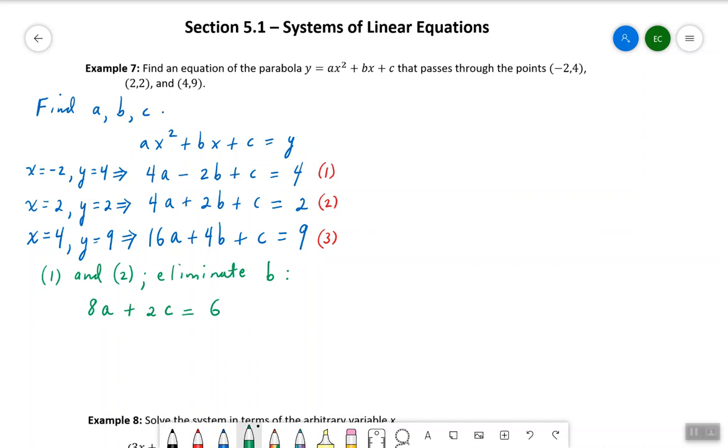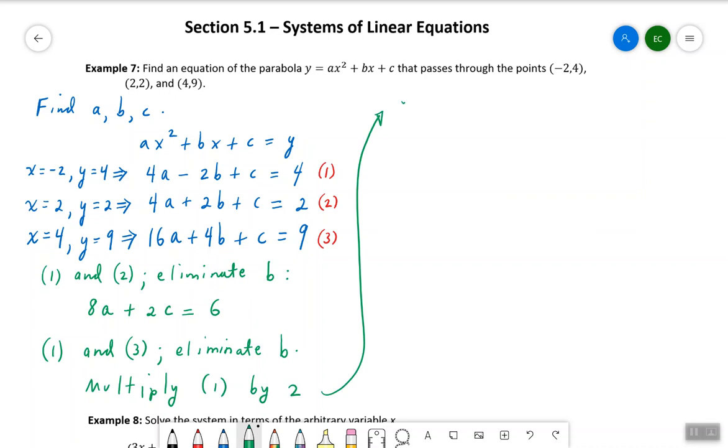And so then we just need to pick a different pair of equations and eliminate the same variable. So this time let's choose 1 and 3, and eliminate b again. And to eliminate b, I'll have to multiply the first equation by 2. Multiply equation 1 by 2.